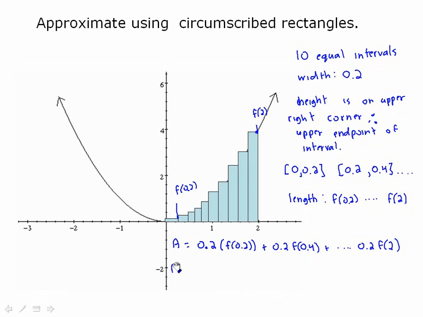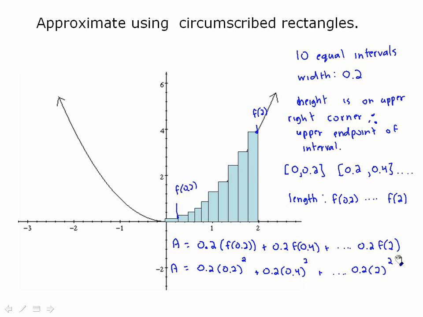So I'll write this out below, that the area is therefore equal to 0.2 times 0.2 squared, using the f of x formula that we've got, plus 0.2 times 0.4 squared, plus all the way down to 0.2 times 2 squared.